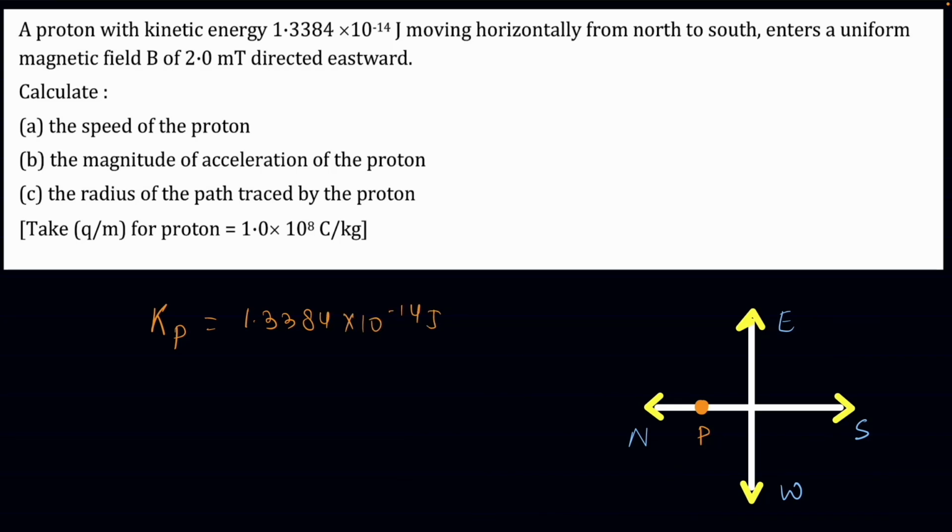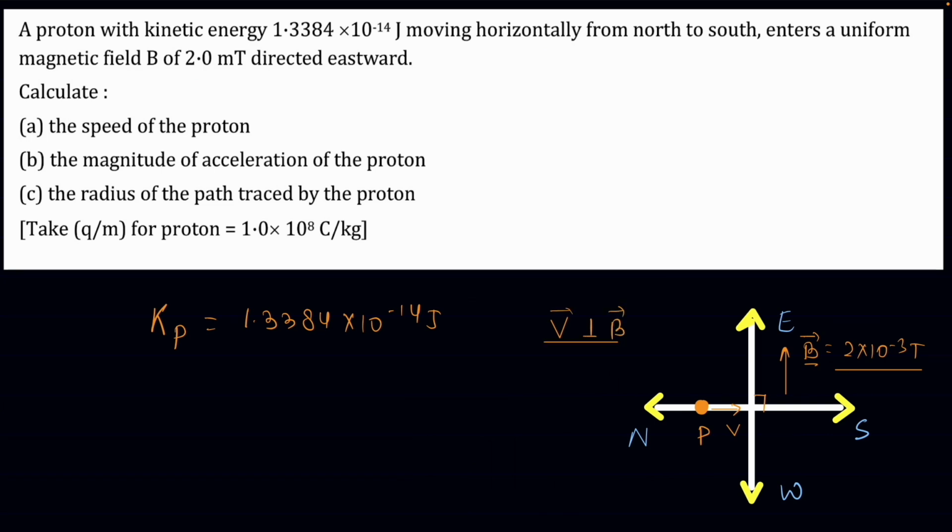The magnetic field is along the east direction. Its value is 2 × 10^-3 Tesla. So we can say that the direction of the proton motion and the direction of the magnetic field are perpendicular to each other. So v is perpendicular to B. That is the information we got.